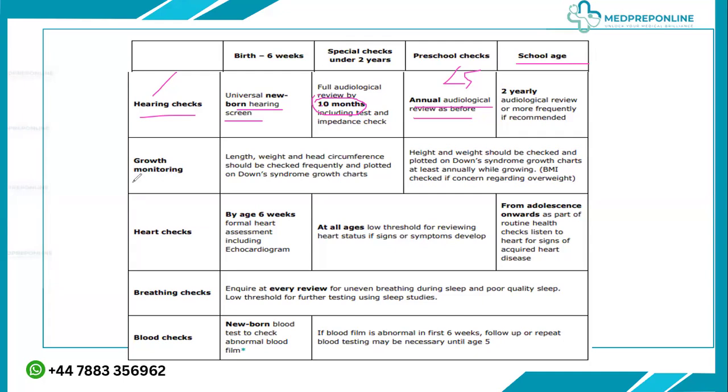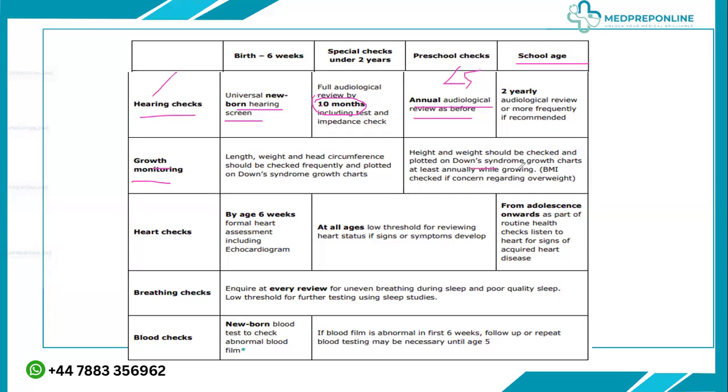Then coming to growth monitoring. Length, weight, and head circumference should be checked frequently and plotted on Down syndrome growth charts. That is under special checks under 2 years. After 2 years, at each visit BMI, height and weight should be checked and plotted on Down syndrome growth charts.